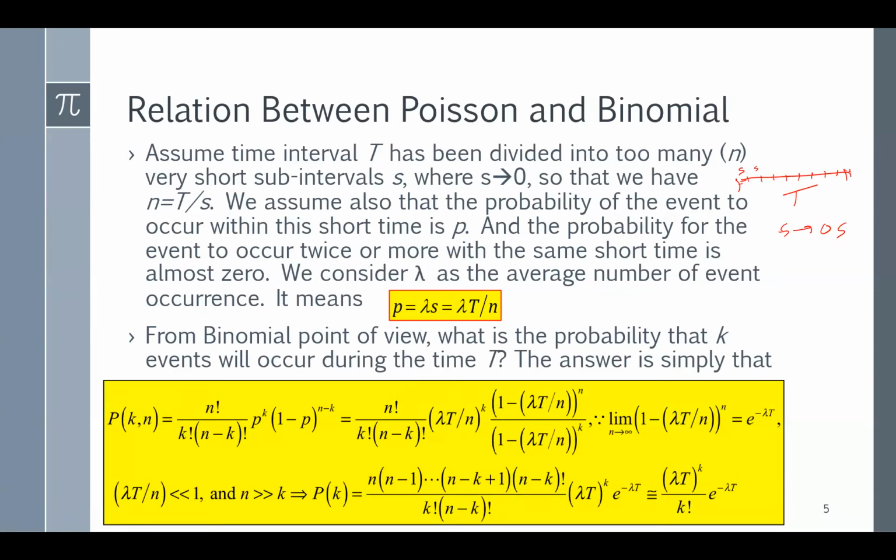And then we divide this time into T divided by S, because S is going to 0. This will be N, and N is going to infinity, so N is very large.